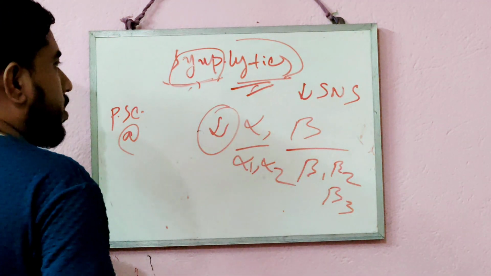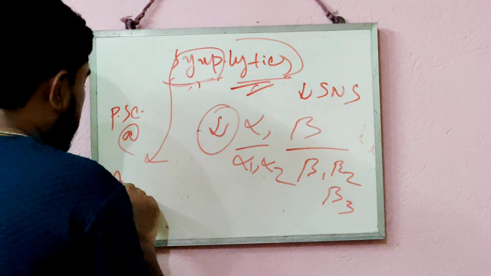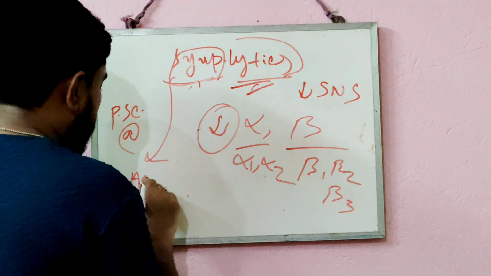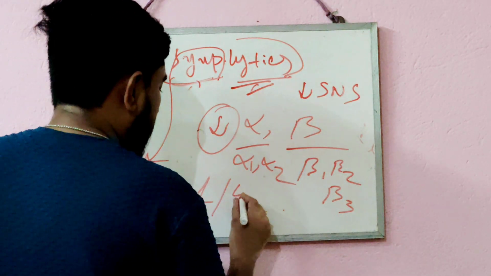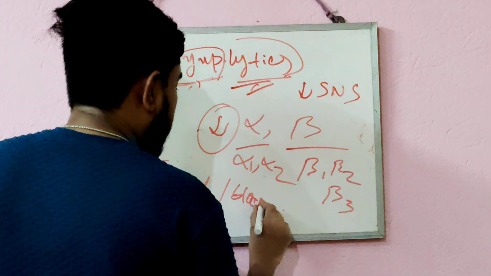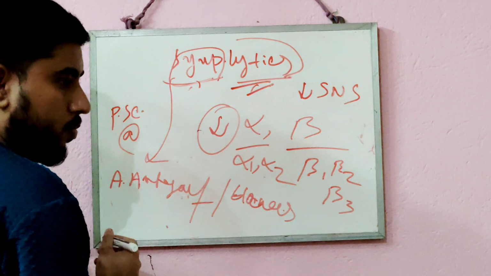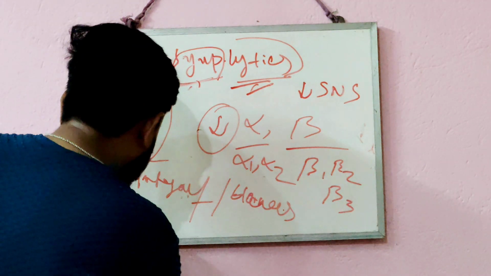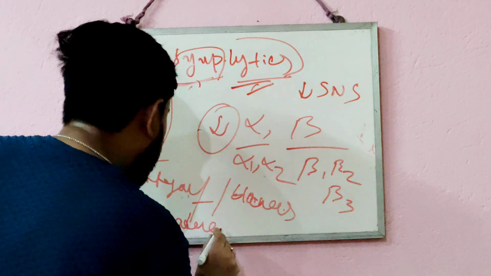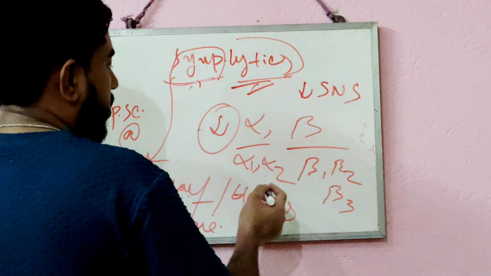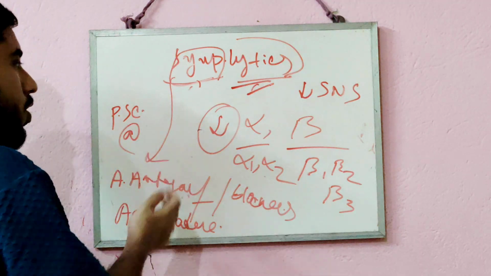So sympatholytic drugs are also known as adrenergic antagonists, adrenergic receptor blockers, alpha beta blockers, or anti-adrenergic drugs, because they do the opposite work of adrenergic receptors. They can be selective or non-selective.